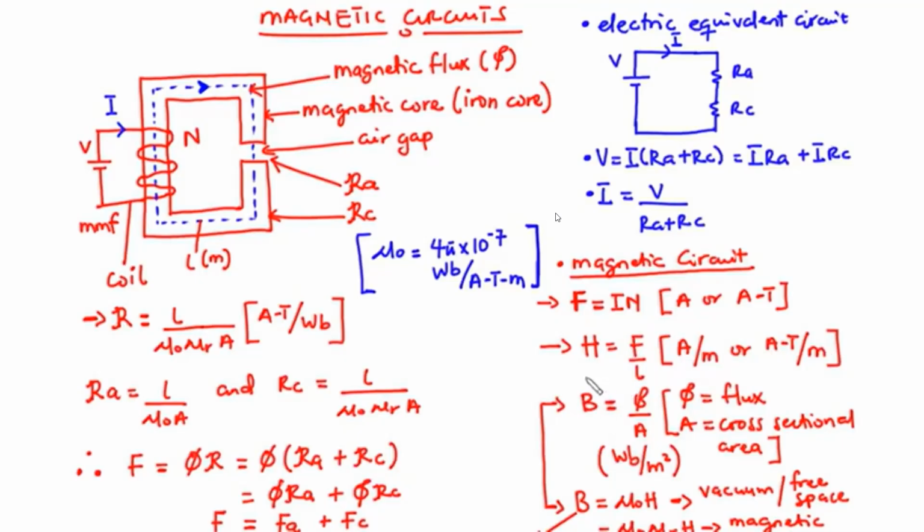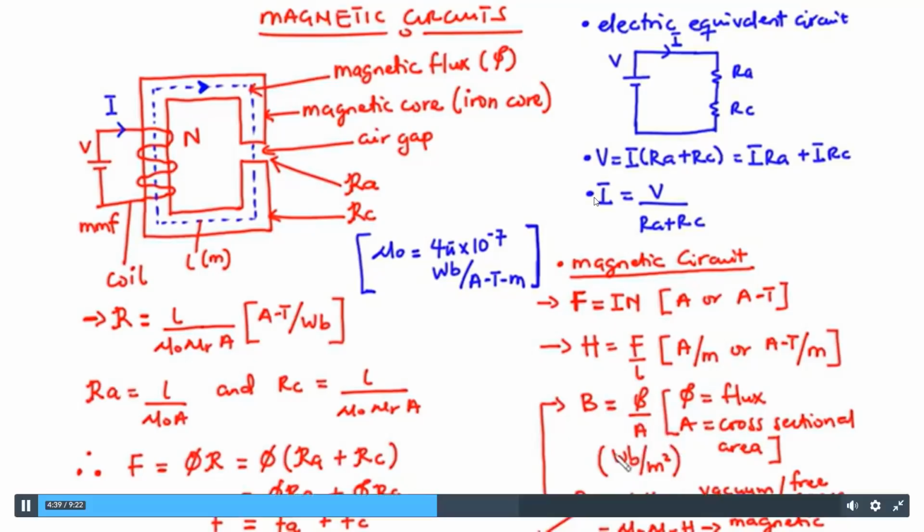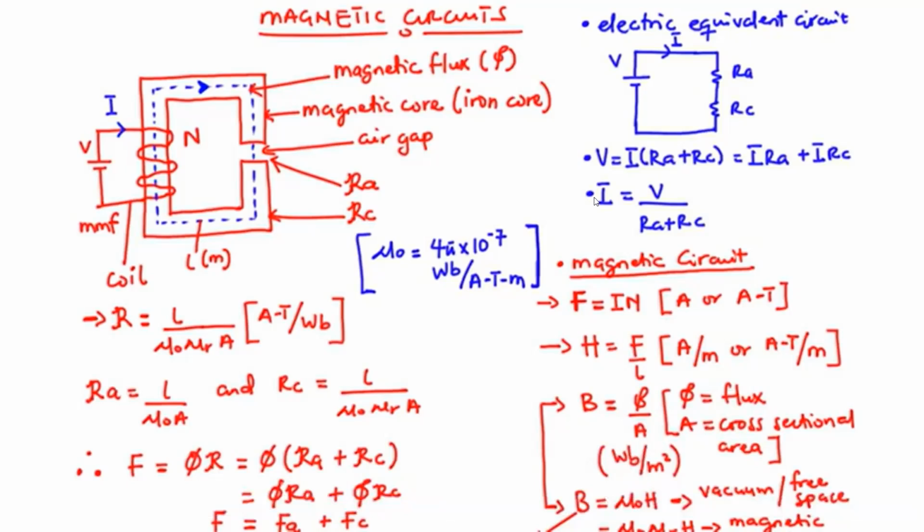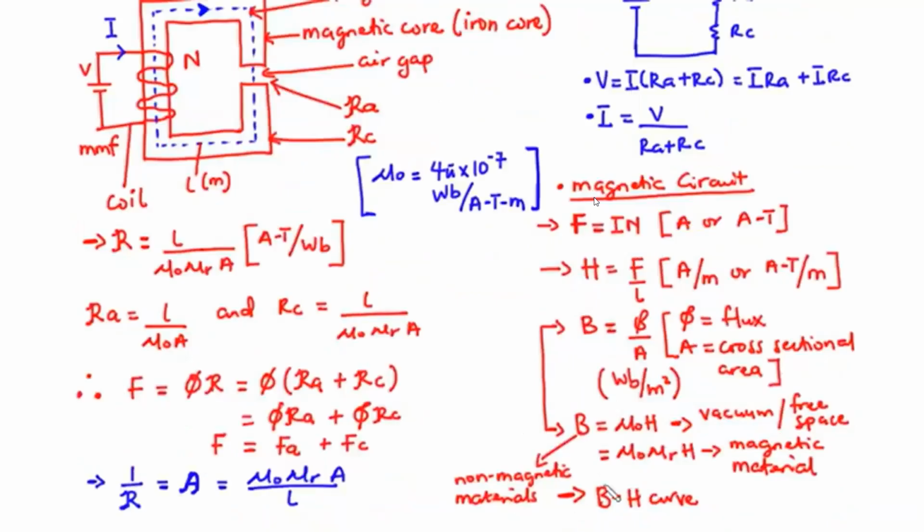Now we also have what we call the magnetic flux density, which is equal to the magnetic flux divided by the cross-sectional area, also measured in Webers per meter square. This magnetic flux density is related to the magnetic field intensity by the formula B equals mu naught times H. We can use this formula to find either B or H, especially when we are dealing with non-magnetic materials, or free space or vacuum.